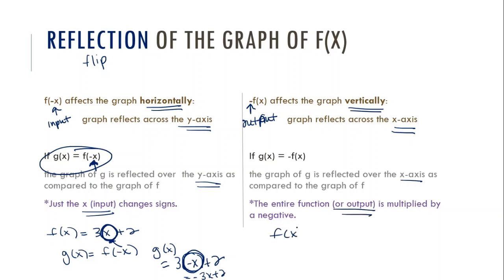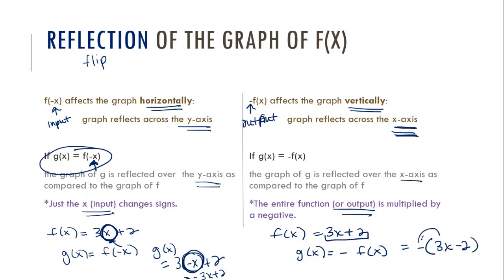So if I have the same example, I start with the same function, 3x plus 2, if this time I'm reflecting across the x-axis, I'm reflecting vertically, when I go to evaluate that translation, I'm putting that negative out front of the entire output or in front of the entire function. So I have to distribute that negative to both terms. So it's going to change the first term and it's going to change the second term. And that would give me my new g of x.